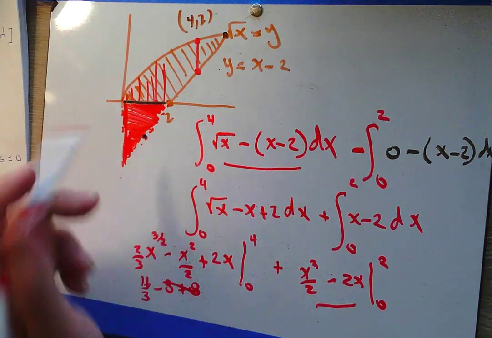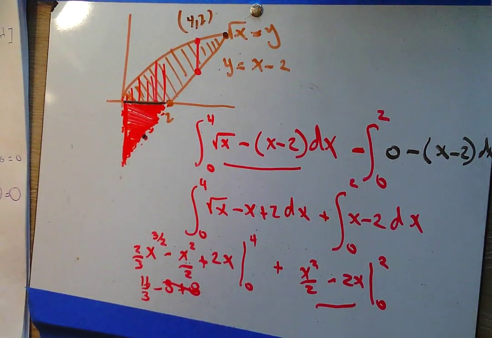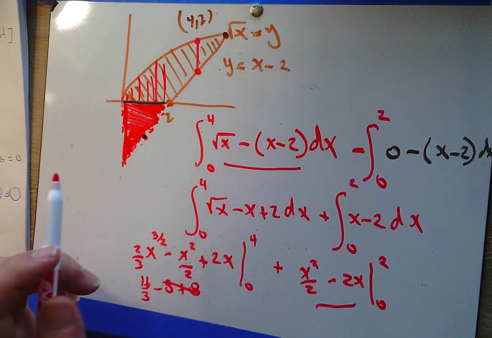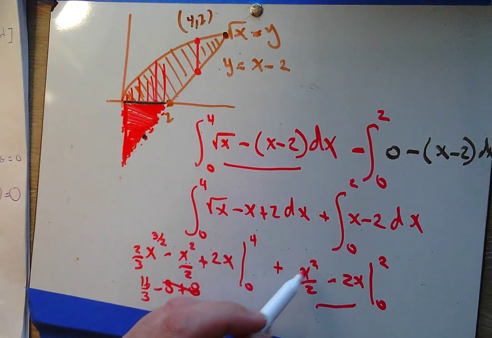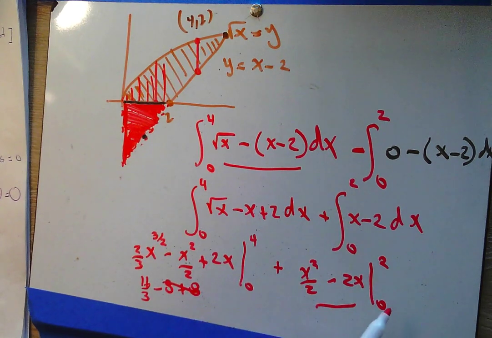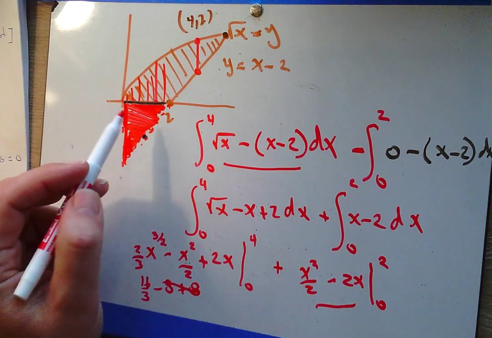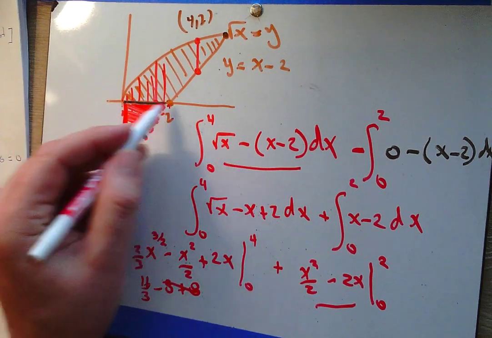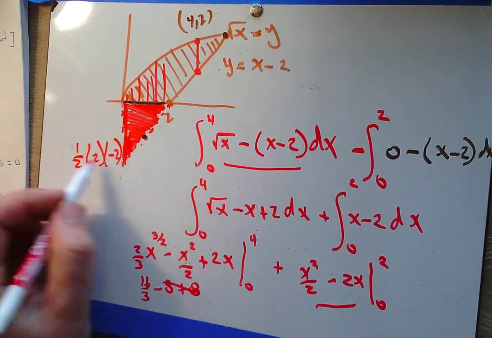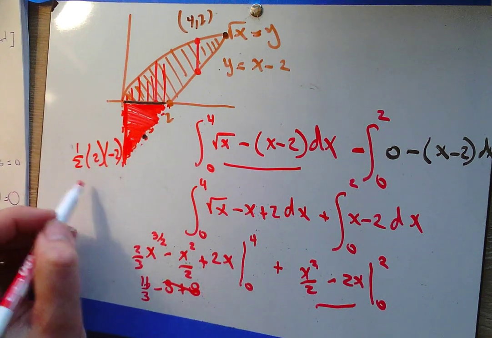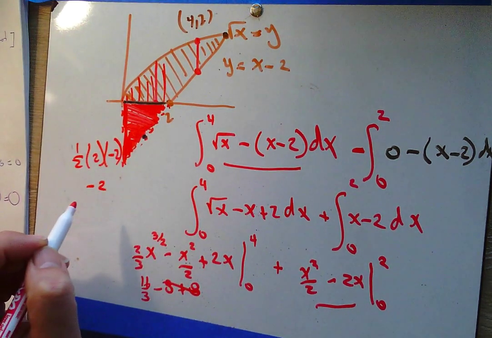That's kind of freaky. I don't know what to make of that. Did I integrate wrong? That's the curve x minus 2, x squared over 2 minus 2x from here to here. I mean, I know the area of this is 1/2 times 2 times negative 2. So (4, 2), that's negative 2.